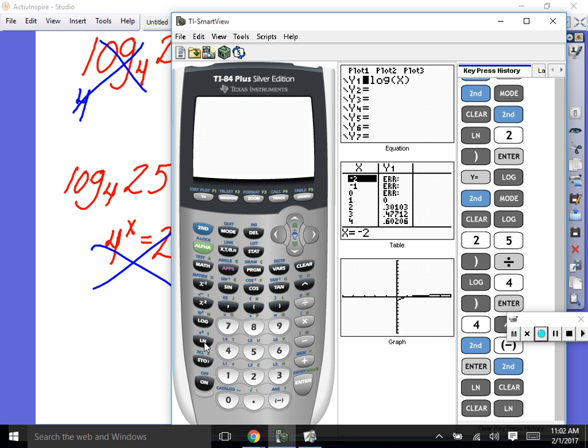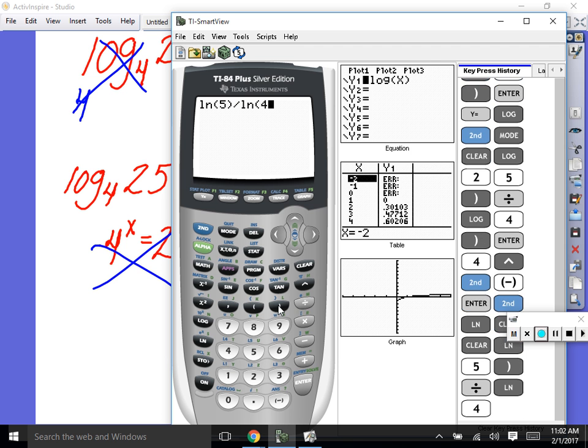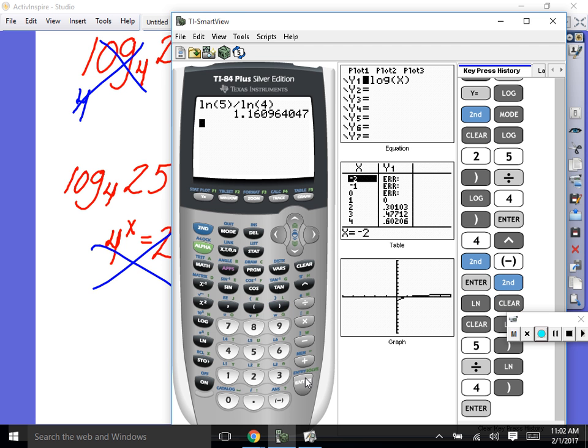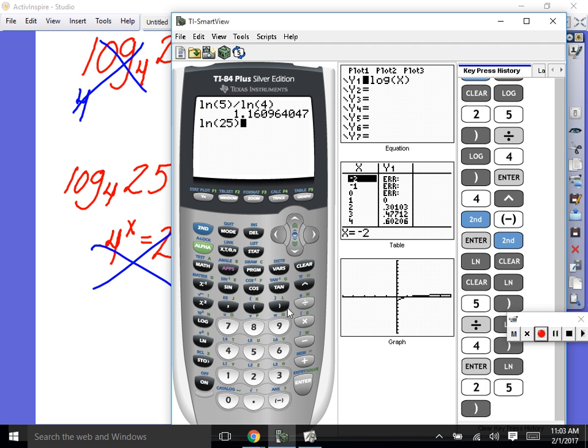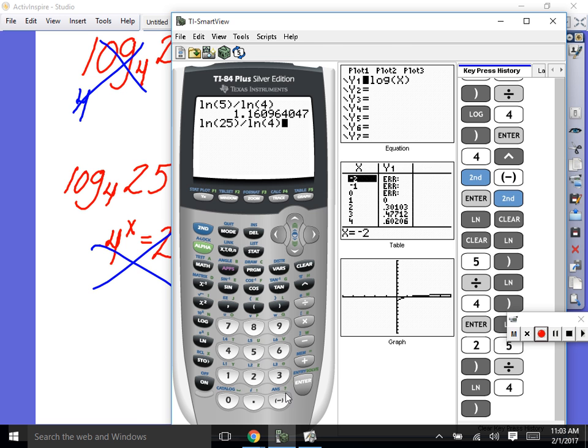Perfect. So you can use either, but I usually use log, unless it's e. Okay, perfect. It is the same, so we got it the same, right? Okay, awesome. So let's do another one, and then we're good for a minute.